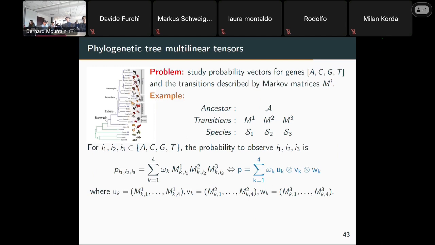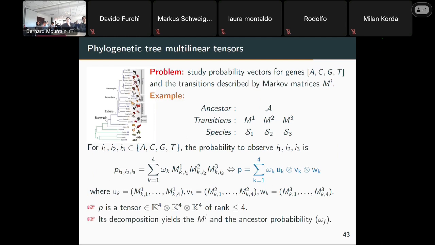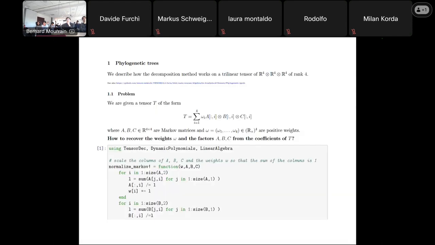And so the game here is to recover these Markov matrices from the tensor. So we'll do a tensor decomposition. It has rank 4, sorry. And the decomposition will give us the Markov matrices. So I'll show you here a session in Julia.